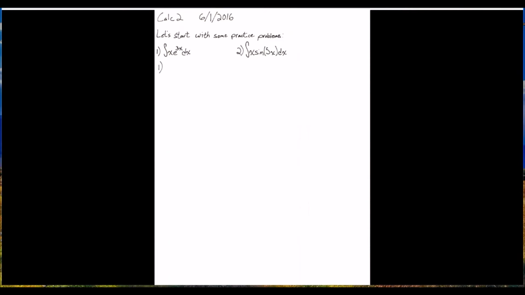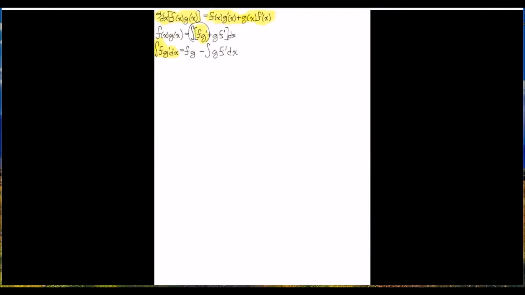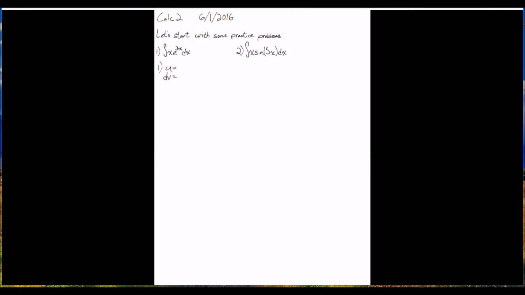So let's go ahead and pick a u and a dv, right? Now, what are these u's and dv's? Well, if we go back here to the other page, we're going to say that this f and g prime are related to our u's and dv's. You'll see that in a second.